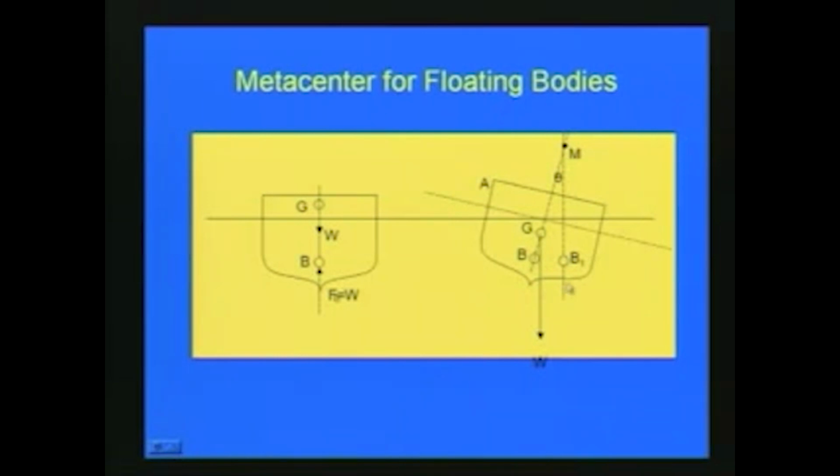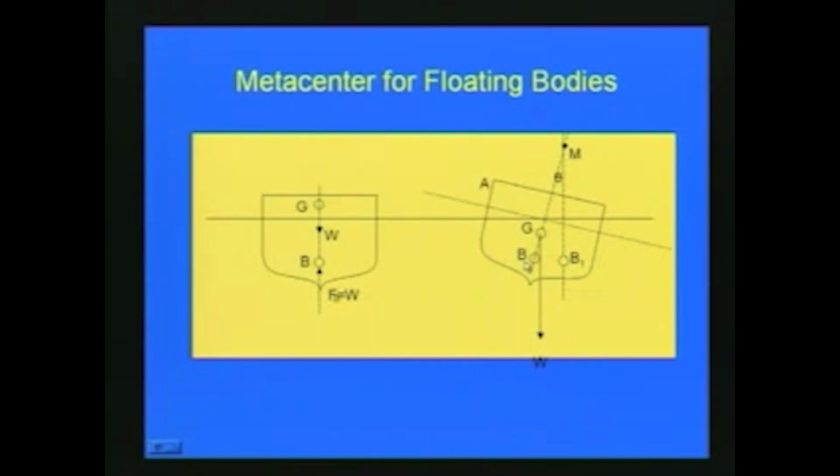This new position is B1. If you draw a vertical from B1, and a line from the center of buoyancy to the old position of the center of gravity, those two lines will coincide at position M. This is called the metacenter, and you can see that a small angle is formed due to the tilt, which will be equal to this angle here.